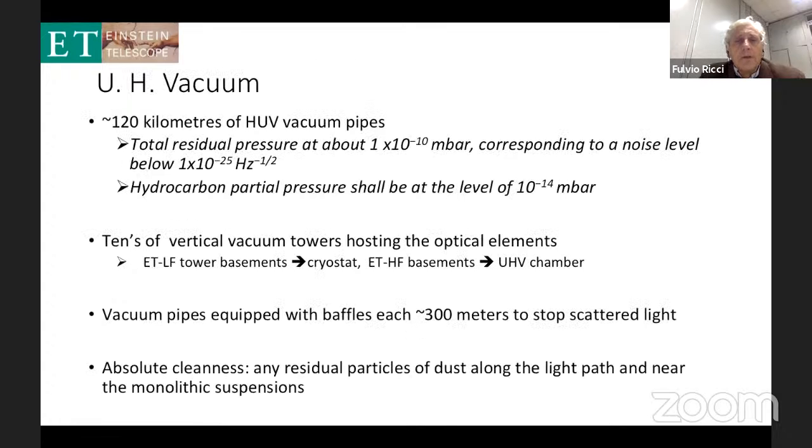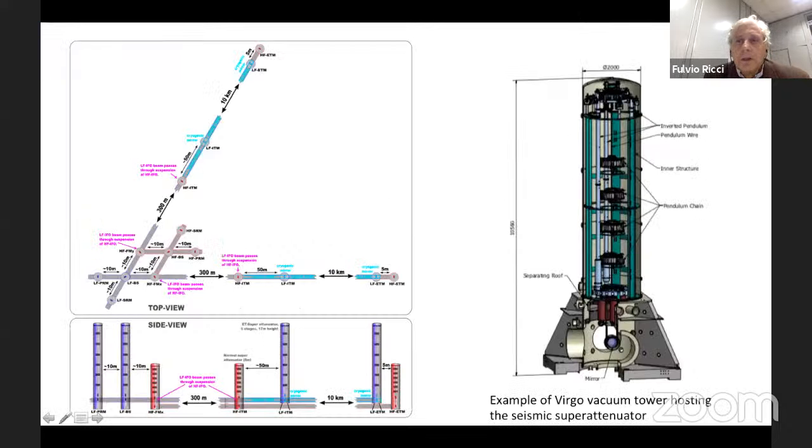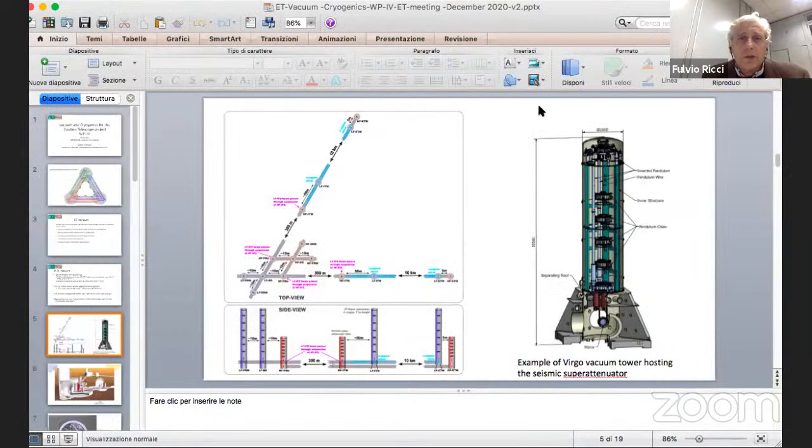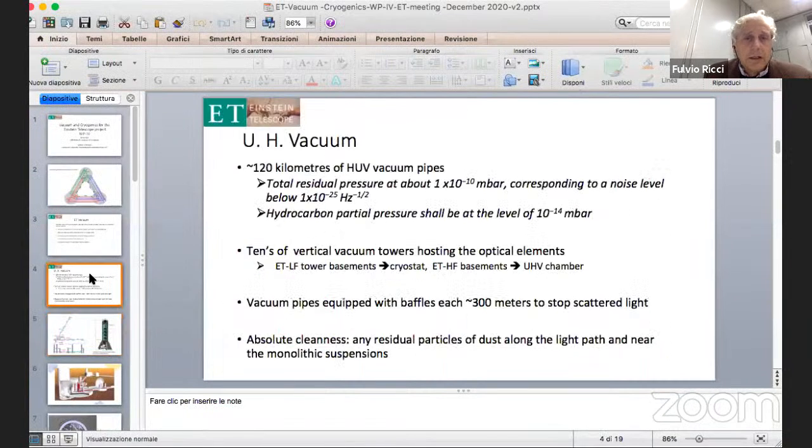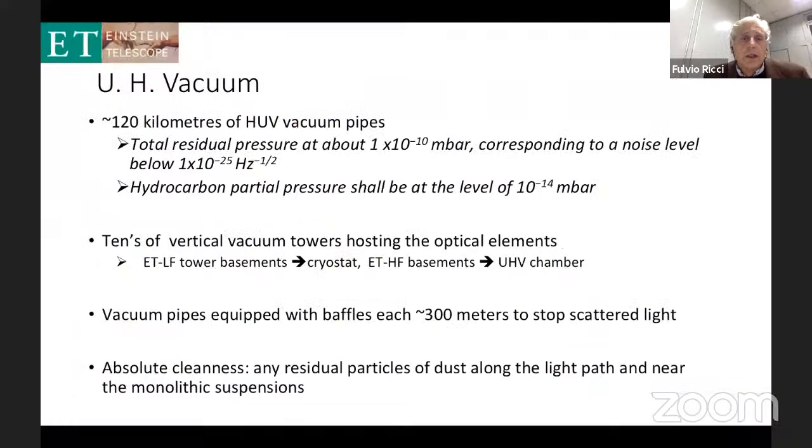And an ultra vacuum system in ET means designing a system with almost 120 kilometers of ultra vacuum pipes with a total residual pressure of about 10 to minus 10 millibar, corresponding to something of the order of 10 to minus 25 per square root hertz as residual noise.